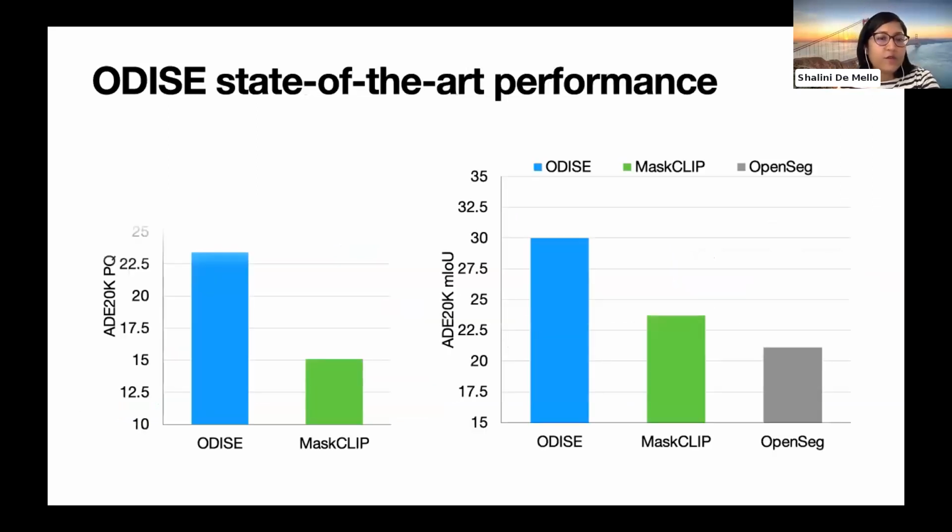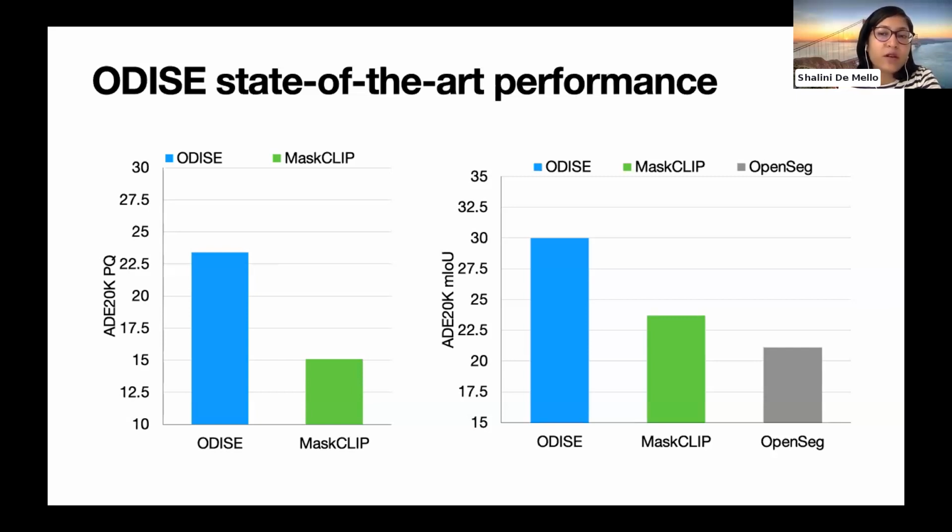So how did we perform? We found that the Odise architecture to be quite powerful, and it significantly advanced the state of the art. So at the time, MaskCLIP was the only other model that performed panoptic segmentation, open vocabulary panoptic segmentation, and compared to MaskCLIP, Odise resulted in a significant improvement in performance.